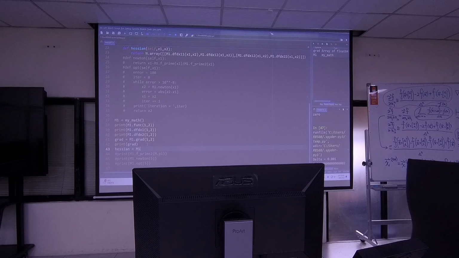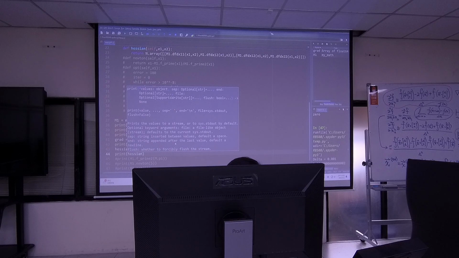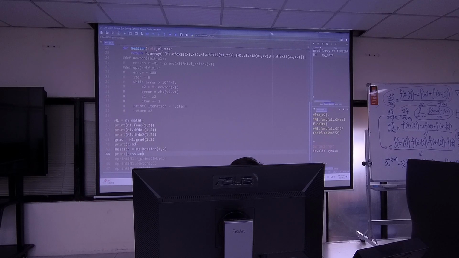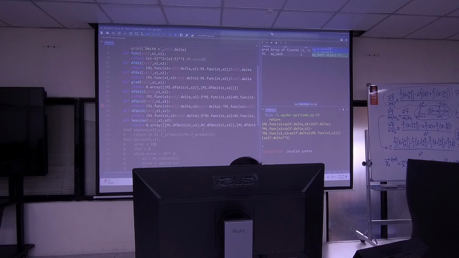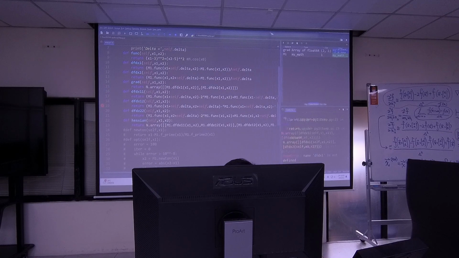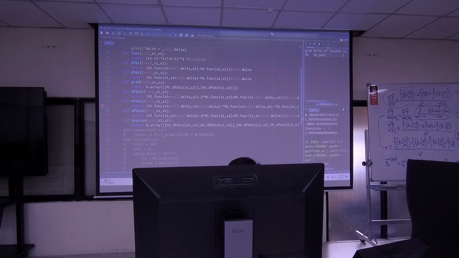Let me see if I get it right. Hessian equals m1 dot Hessian. Yes. And okay, here 1 and 2, and then print out Hessian. Run the code. Okay, something's wrong. Let me see where. Oh, what's the problem?